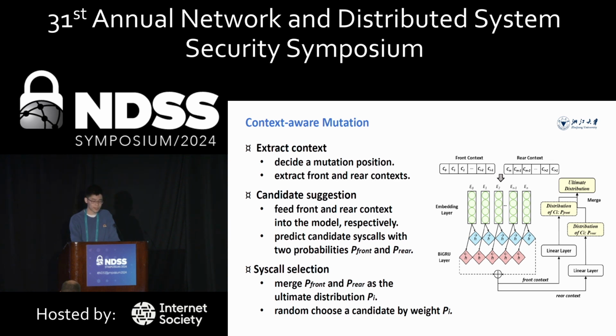These distributions are merged based on context weights, with the top k probabilities selected as the final candidates. Finally, MOCK randomly selects a syscall from the top k candidates according to their weights and inserts it into the mutation point, filling in the corresponding parameters to complete the test case generation process.